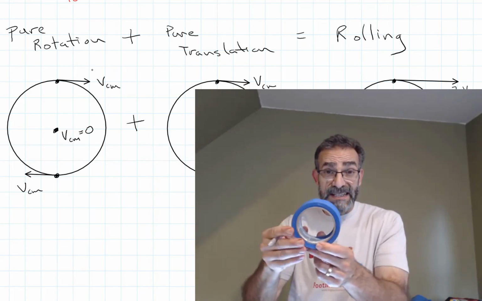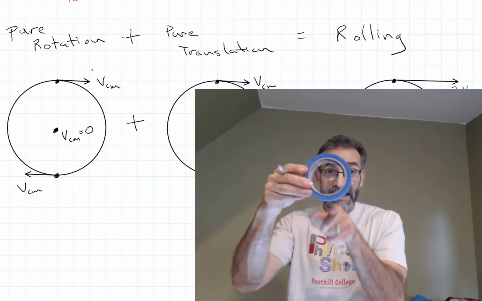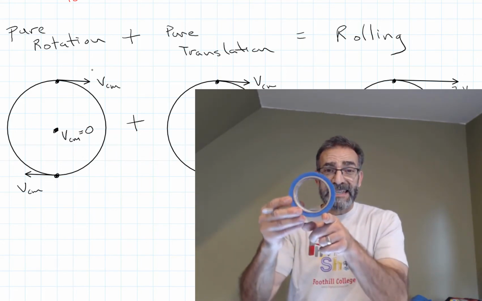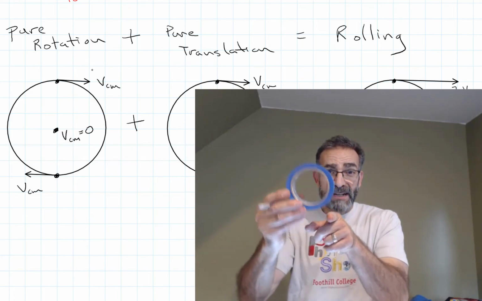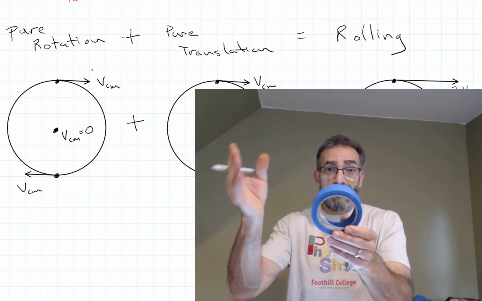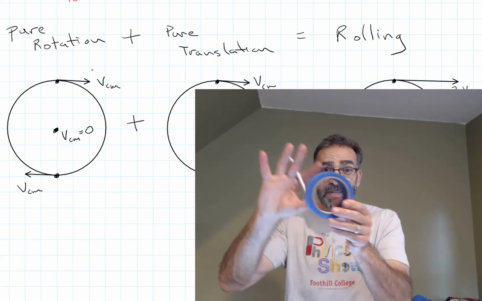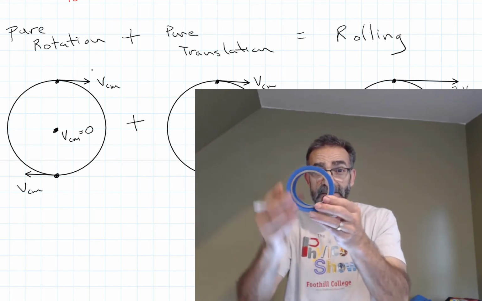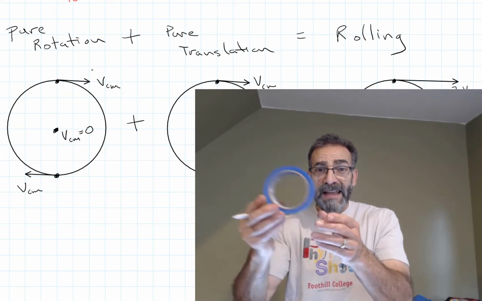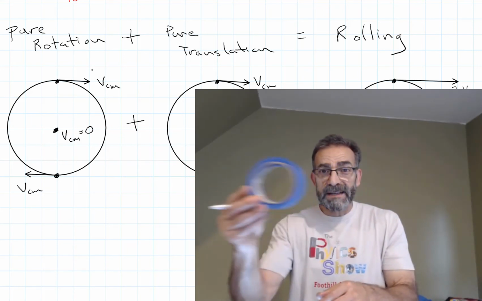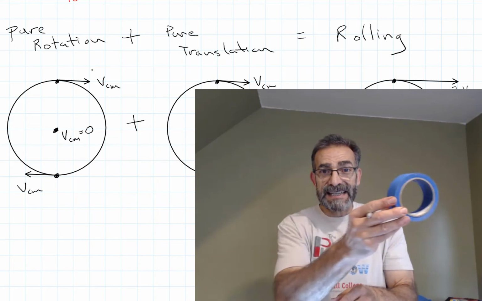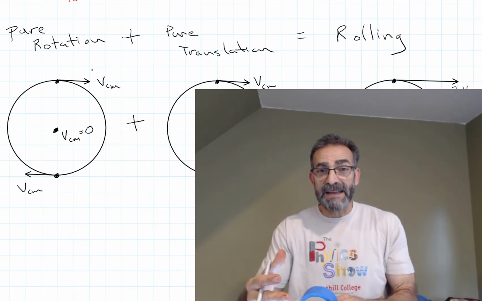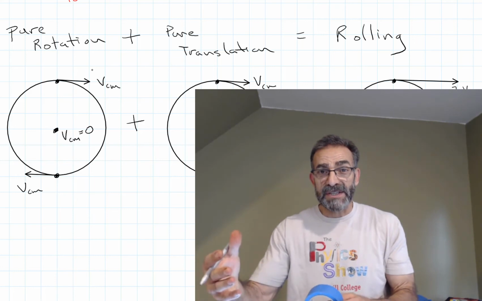We could treat it as that. We could treat it as an object rotating about this point. It's a little more complicated. Or we can say, instead of treating it like one object rotating about this point, I'm going to pretend this object magically splits into two. One that's just spinning and not going anywhere, and the other one that's moving, translating without spinning. And it's exactly the same as far as energy is concerned.